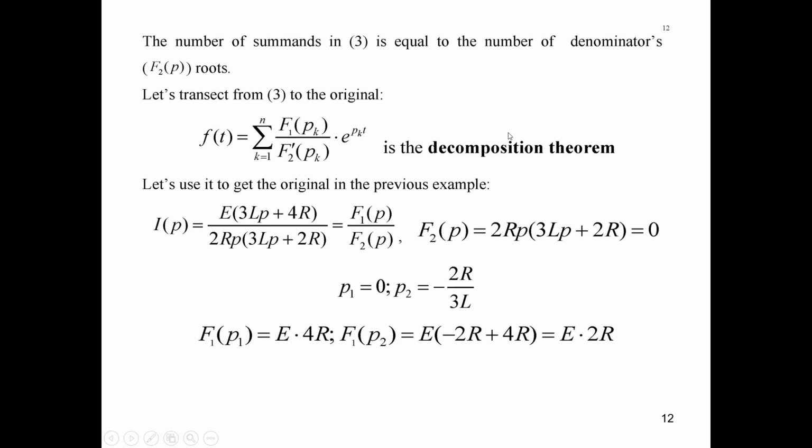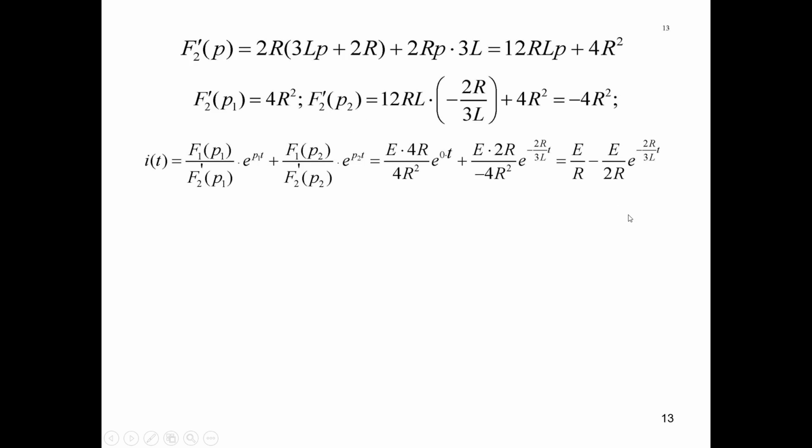Just the same expression we've got by another approach. And we may see that it is a more common approach, and it can be used for any functions, whether or not they can be transformed using known formulas for transition from Laplace image to function of time.